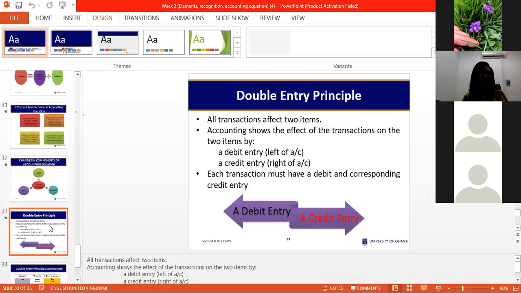So you'd have to go through that again to refresh your mind and then start the transaction. Now, because of the effects, you would either have to be debiting or crediting. These are two terminologies students are always complaining about, debit and credit, and sometimes it gets them all confused.